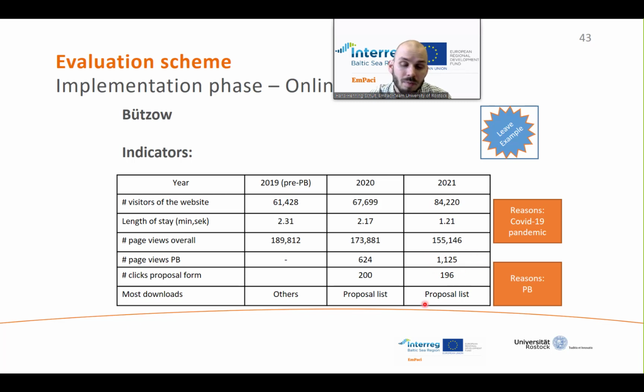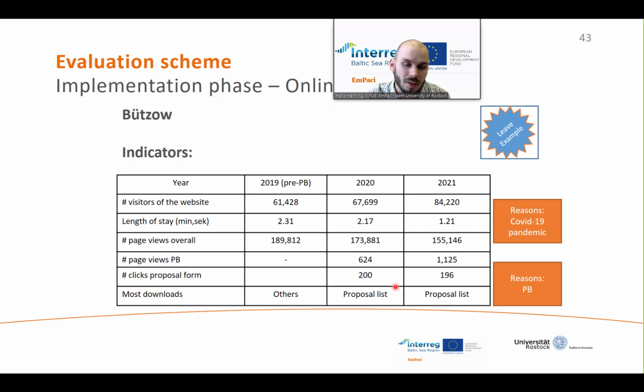And what is also interesting, the top download from the website of the municipality of Bützow is, since PB has started, the proposal list. So the booklet I talked about that shows every proposal, and a statement of the administration to every proposal is also on there, and this proposal list shows the feasible projects that are for the voting.